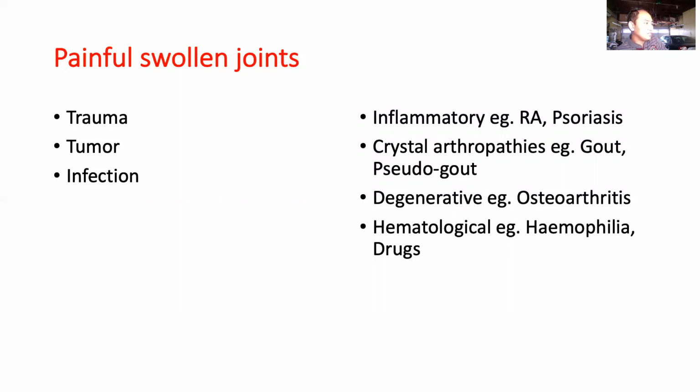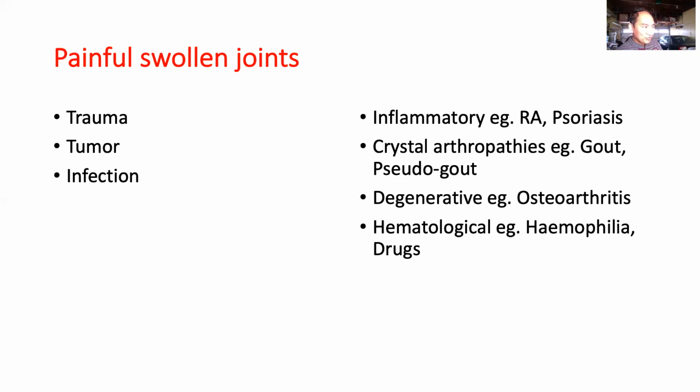It will be a disaster to miss a cancer. And number three is infection. So infection near the joint or inside the joint. Once we can exclude this trauma, tumor, infection for a painful swollen joint, there are a few things we need to check.